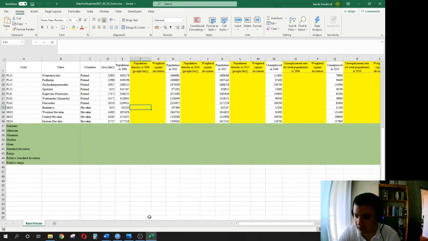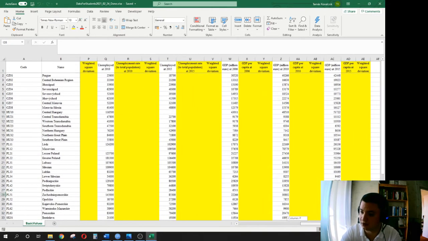Okay, let's see how to calculate these indicators for the first case, the area and the population in 2006 and the population density in 2006. I'm going to calculate these in this video, but you have to make the calculation of all of these indicators.